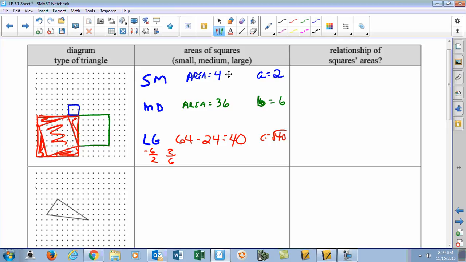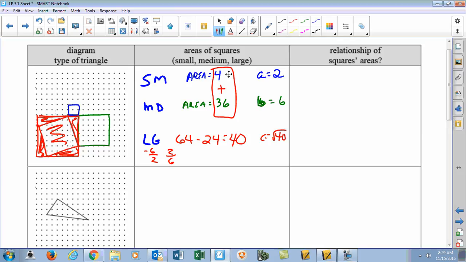Now let's think about this for a minute. Does the small side and the medium side add up to the long side area? It does. All right. And if you notice here, the relationship of the squares' areas, we have two areas with perfect squares, right?